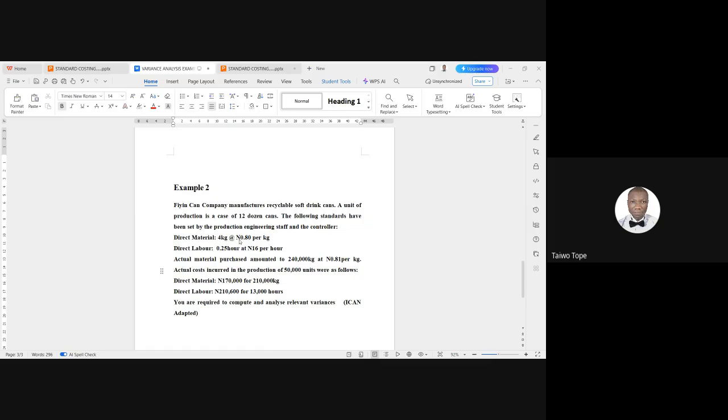Direct labor, we incurred 210,600 naira for 13,000 hours. You are required to compute and analyze relevant variances. Unlike the first case, where they told you to calculate direct labor and so on, in this case they are telling you to calculate the relevant variances.